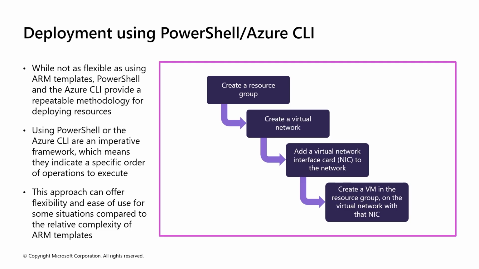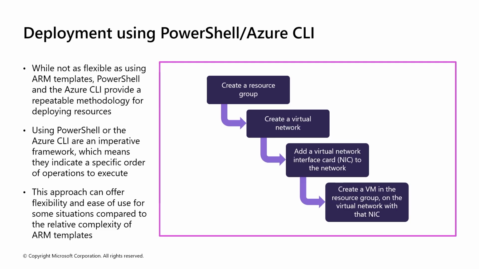I also need to have the network that I'm going to connect to, and I need the storage. All of this has to be done in a particular order for me to actually be able to create that virtual machine that has the NIC that can connect to the network. So there's a lot of order we need to consider. This process is critical, since there are dependency relationships that PowerShell or CLI is looking for you to create.